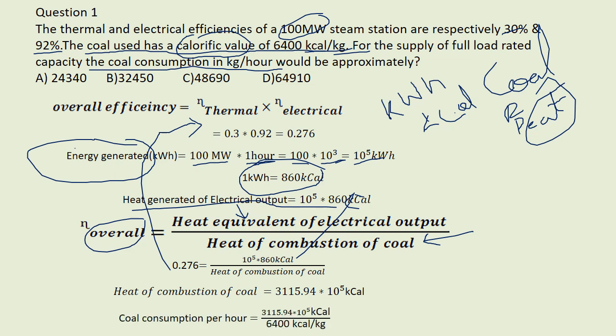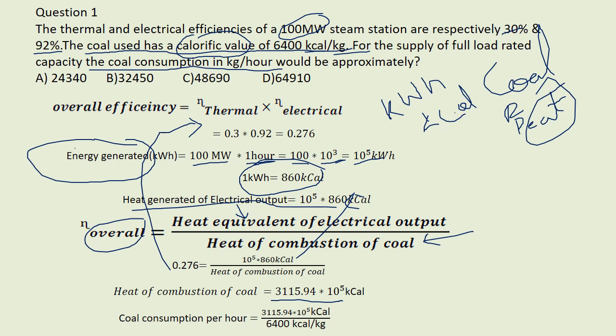And then for the consumption of coal per hour, this is the amount of heat we require, and we know that we are using 6400 kilocalorie per kg.